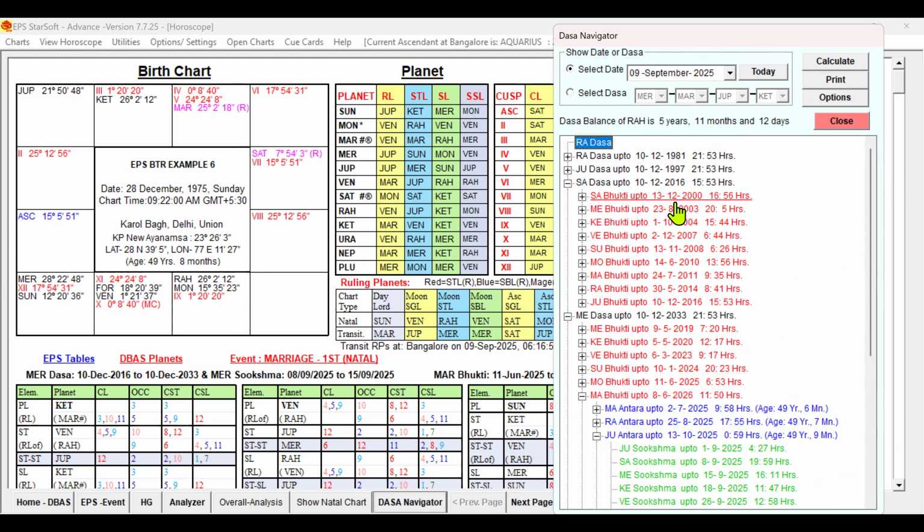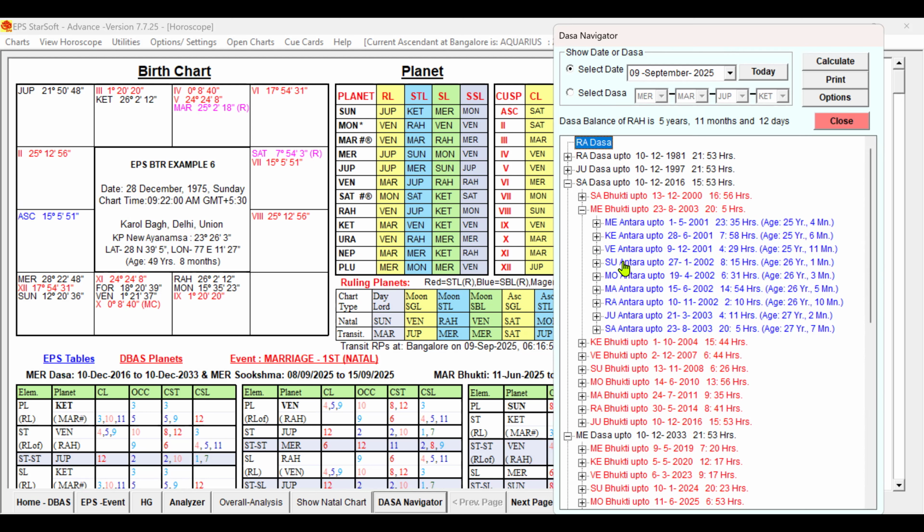December 2002: Saturn Mahadasa, Mercury Bhukti, Jupiter Antara. So he got married in Saturn Mahadasa, Mercury Bhukti, Jupiter Antara. Jupiter Antara is falling for the given time, from 10-11-2002 to 21-3-2003. So he got married on 9th December, and within this period only it is falling.